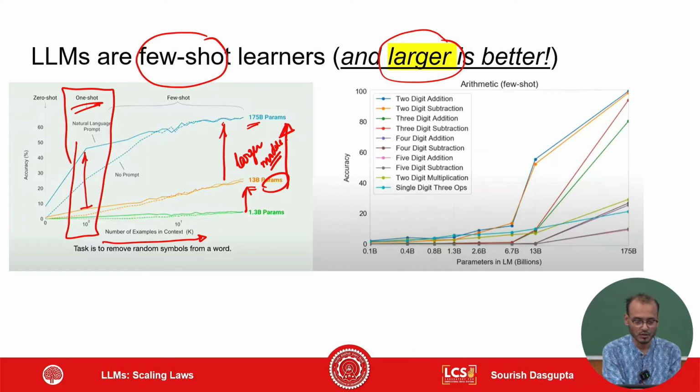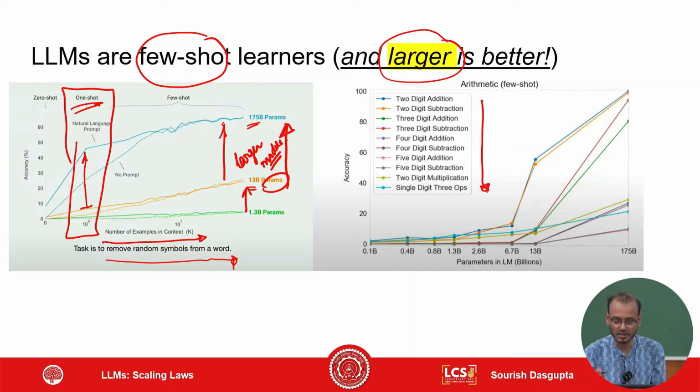This particular task was to remove random symbols from a word. We also tried arithmetic tasks. These are different types of arithmetic tasks, such as two-digit addition and two-digit subtraction. Again, you see sudden jumps, like sudden spikes.